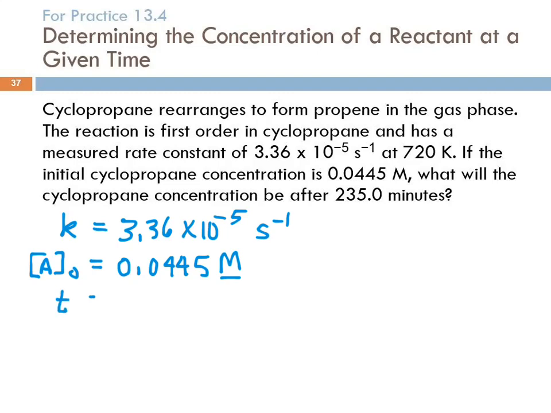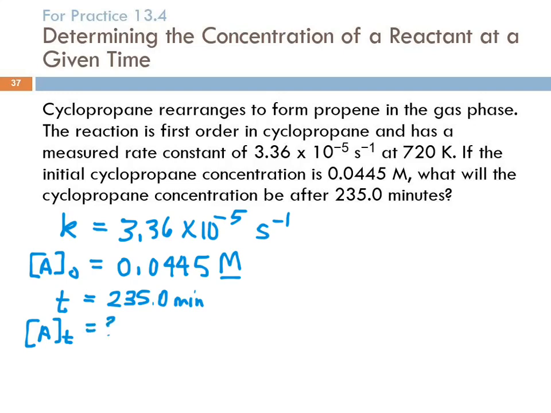That is time: 235.0 minutes. Always write units. Always. So we're trying to find the concentration of A at time t. That's what we're trying to find. This is our question mark.